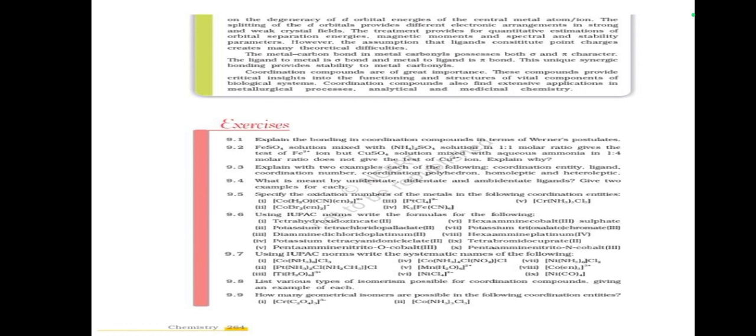However, the assumption that ligands constitute point charges creates many theoretical difficulties. The metal-carbon bond in metal carbonyls possesses both sigma and pi character. The ligand to metal is a sigma bond, and metal to ligand is a pi bond. This unique synergic bonding provides stability to metal carbonyls.